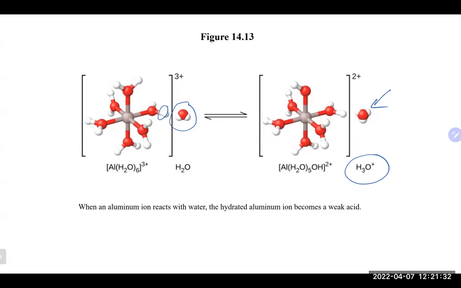And again, one of the waters that's associated with those ions that are floating around will lose a hydrogen and basically produce H3O plus in the solution, and it will be acidic. So if you see some type of metal that goes through hydrolysis, it should end up sort of acidic and produce H3O plus pretty much all the time.